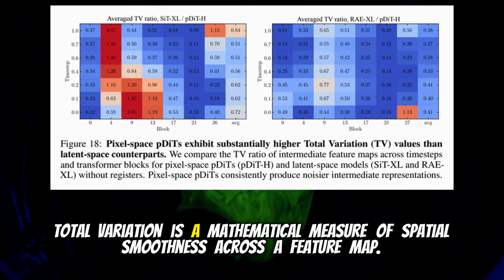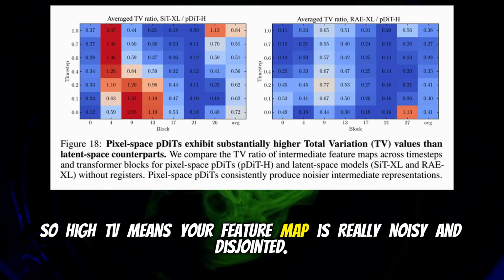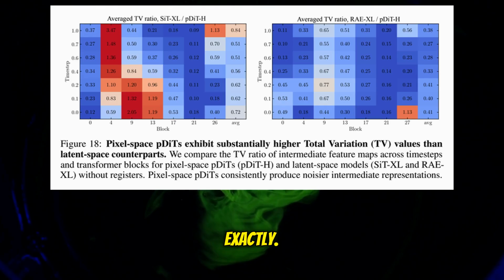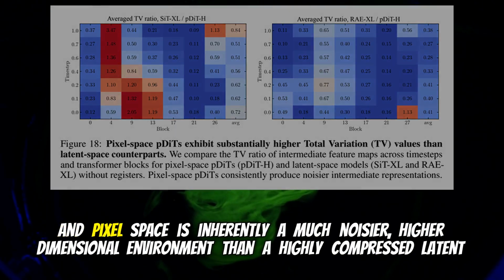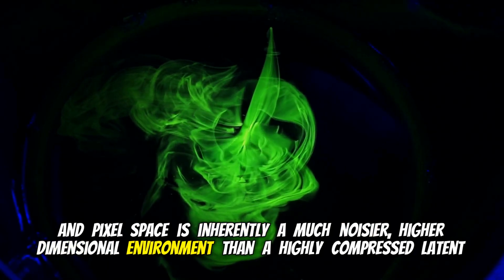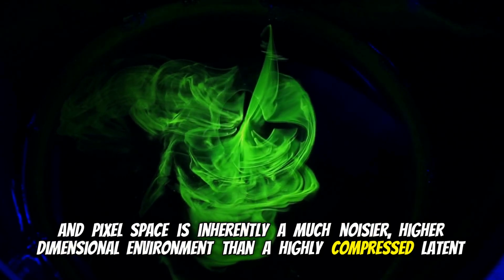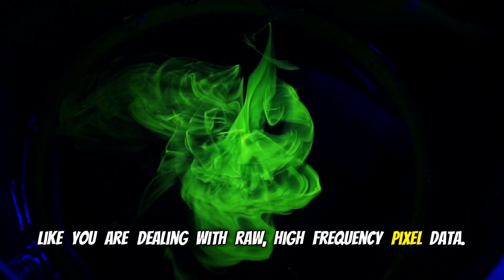Total variation is a mathematical measure of spatial smoothness across a feature map. It basically quantifies the intensity differences between adjacent patch features. So high TV means your feature map is really noisy and disjointed. Exactly. And low TV means it's smooth and structurally coherent. And pixel space is inherently a much noisier, higher dimensional environment than a highly compressed latent space. Like you are dealing with raw, high-frequency pixel data.